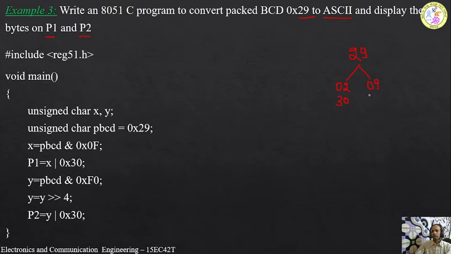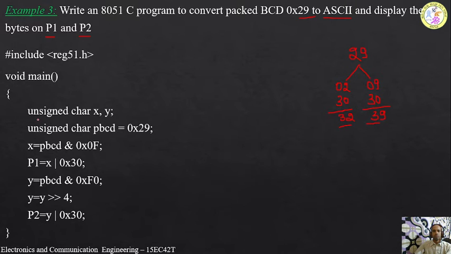Either you do the add operation or you do OR operation. Both will do the same. So this becomes 39 and this becomes 32. Therefore 32 and 39 are the equivalent ASCII codes for the packed BCD number 29. So this procedure we need to follow.